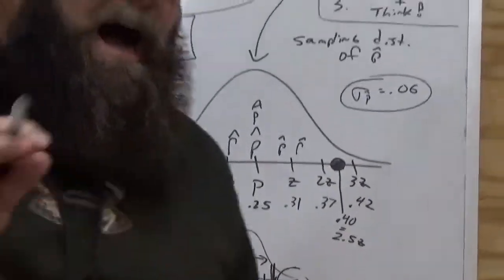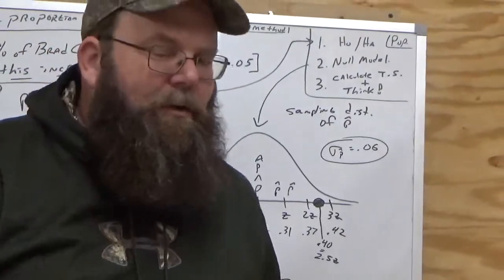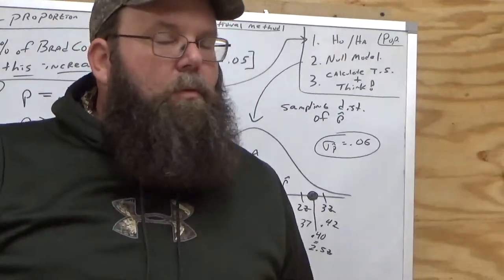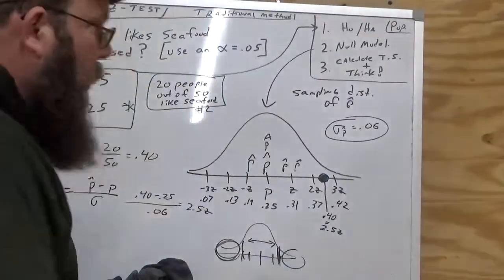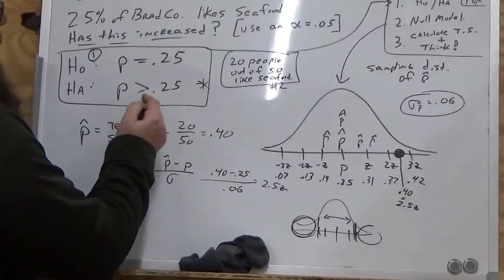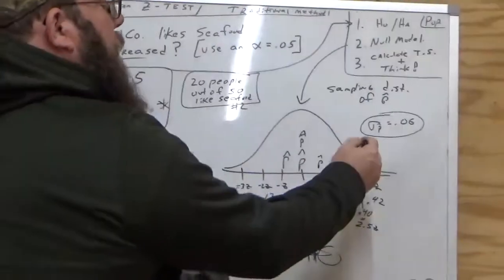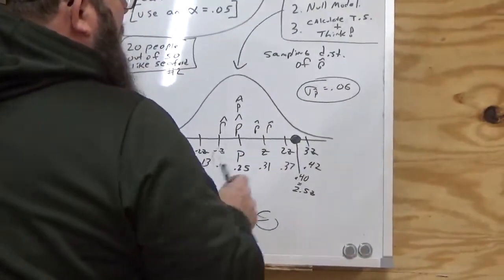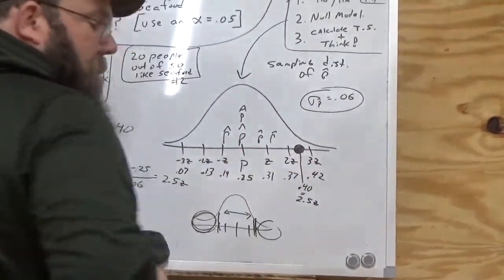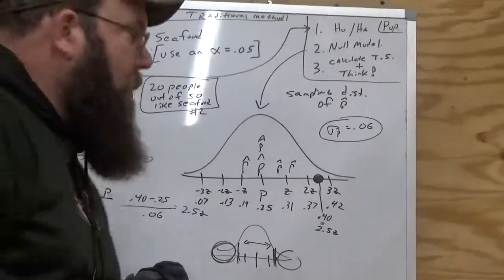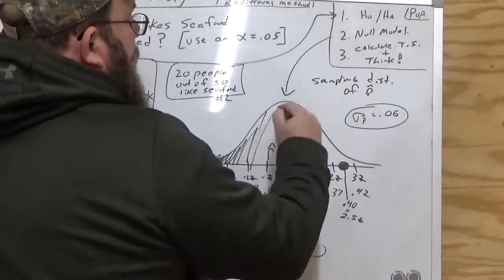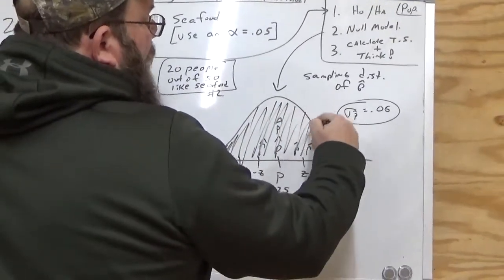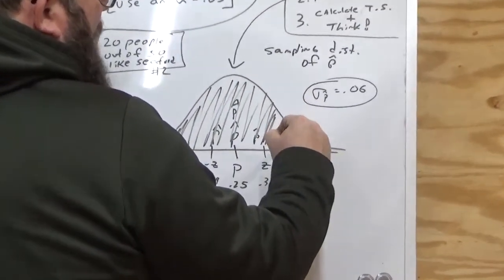Well, this is not a two-tail test. What kind of a test was this? We said it was a right tail test. Why was it right tail? Because greater than on the Ha, so we're only worried about this right tail. So we have to back that down a little bit. So we want 95% to be from the left, all up through here, shade all this in, and then we have to come in about right here.